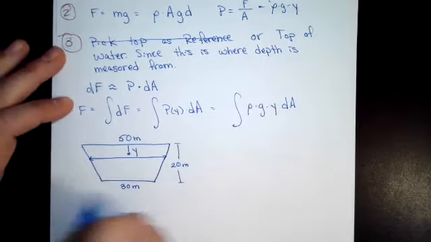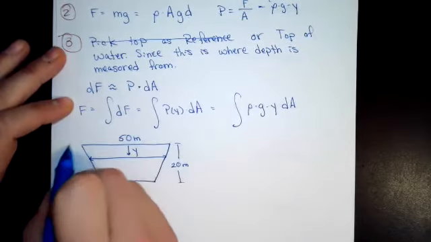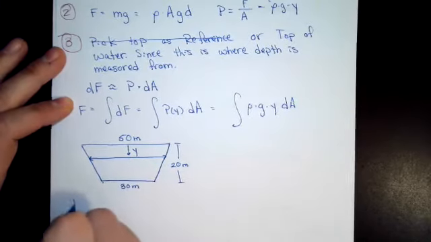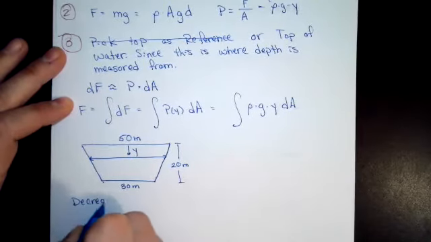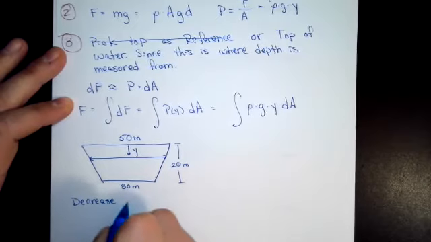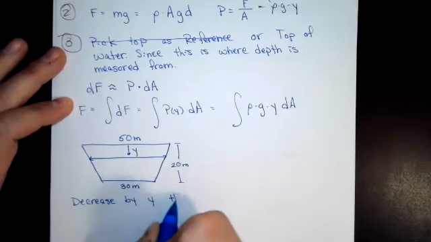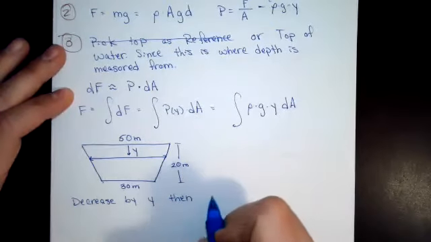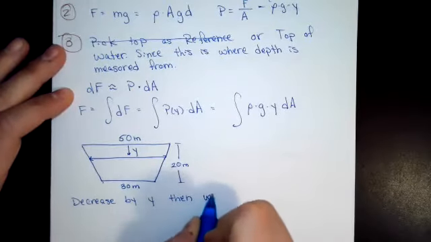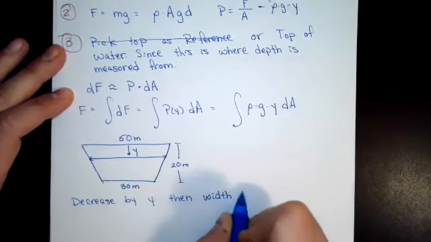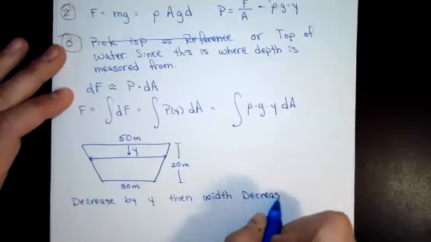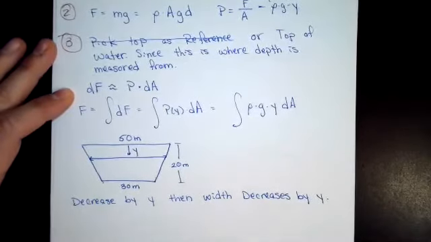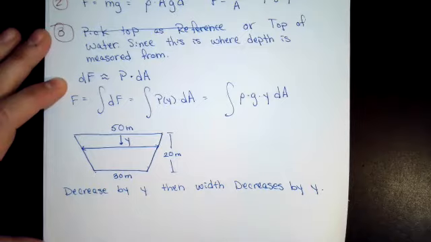So since that rate of change is constant, if I decrease by y, then the width decreases by y. Does that make sense?